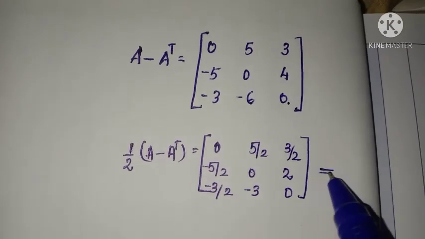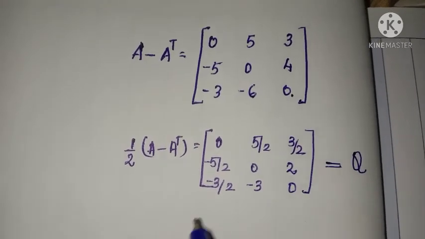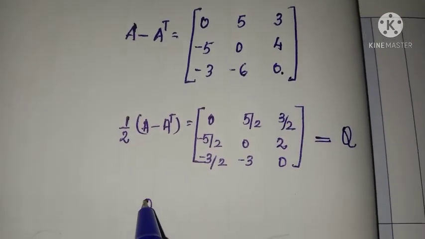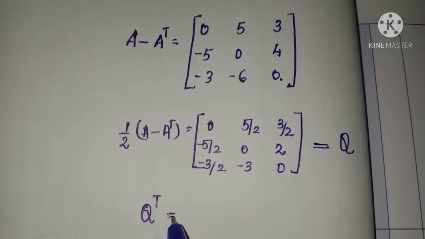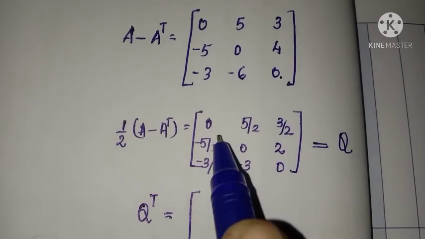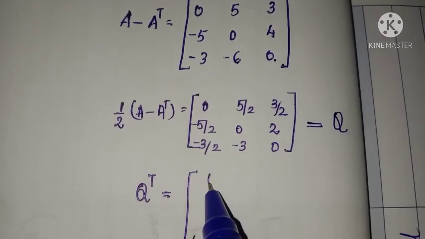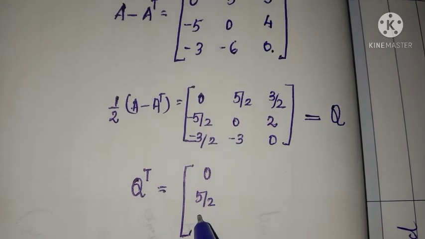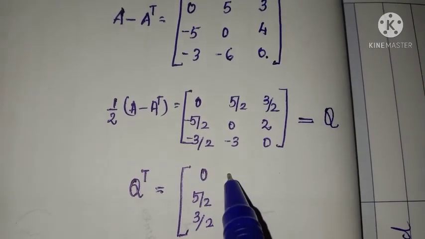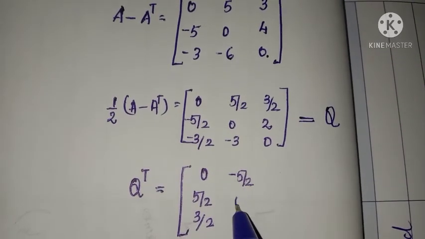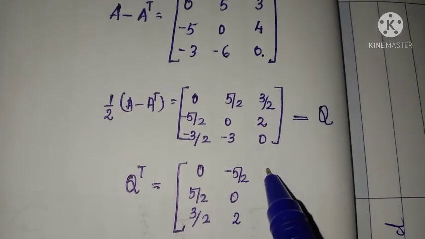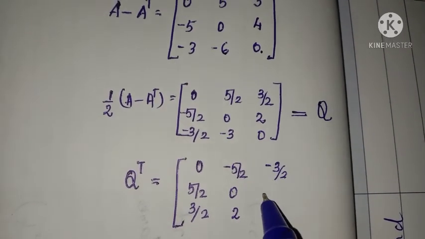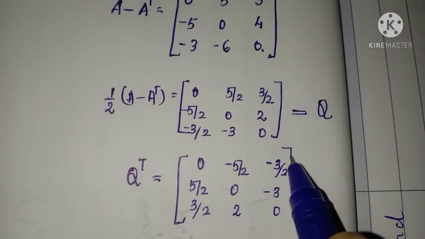Let us take this matrix as Q. Now find its transpose. Q transpose is, just write rows as columns: 0, 5 by 2, 3 by 2; minus 5 by 2, 0, 2; minus 3 by 2, minus 3, 0.